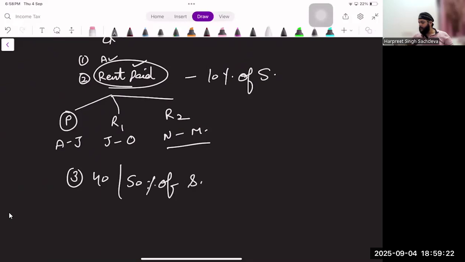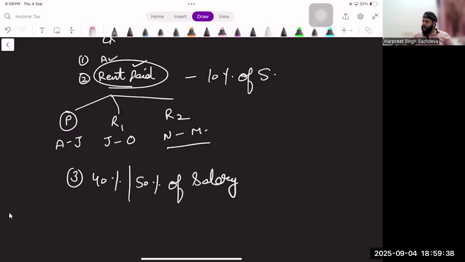of salary. Now what's the point? If we are saying 40 or 50% of salary, then also in both the points, we need salary. Is it possible that a person's salary changes during the year? Tell me.